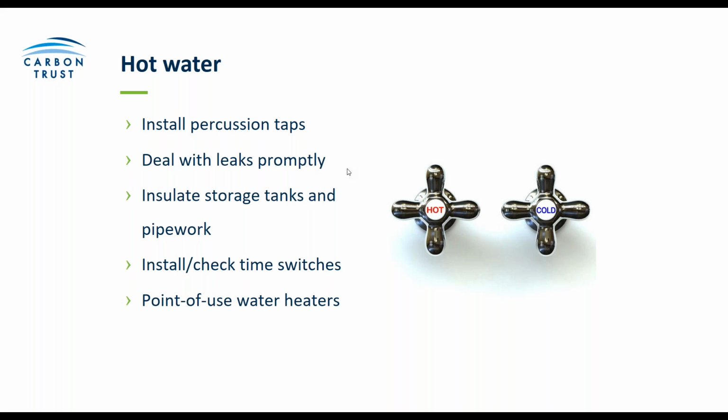Then rather than having all of your large boilers running throughout the summer just to provide a small amount of hot water, you could actually have separate smaller systems there that would normally result in quite a significant energy saving.